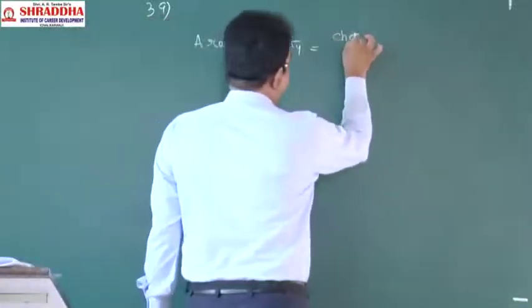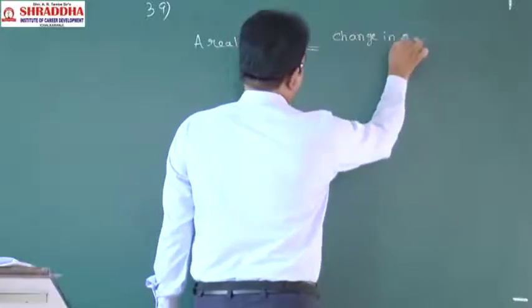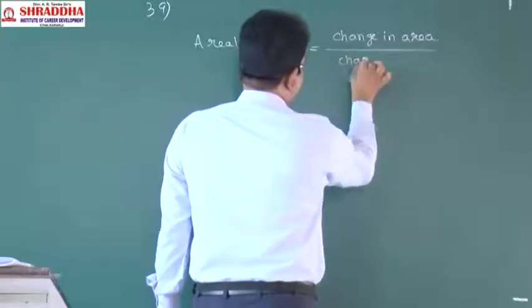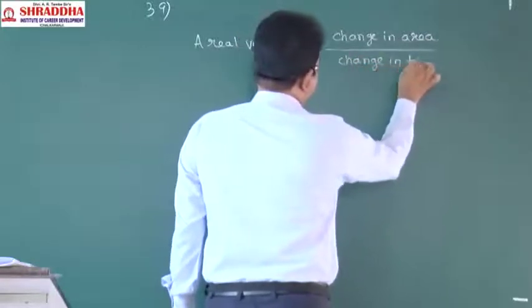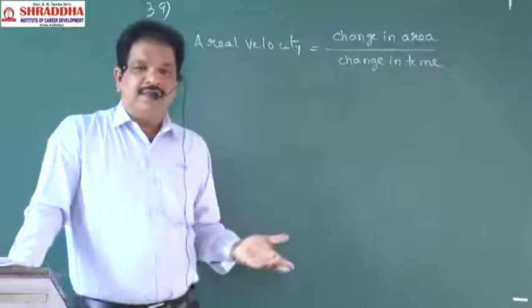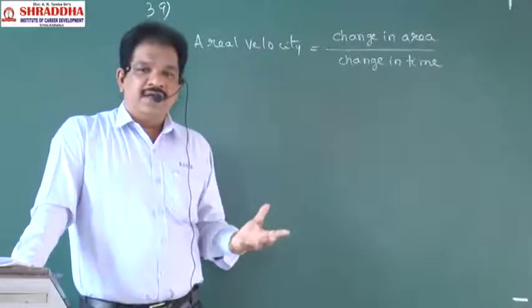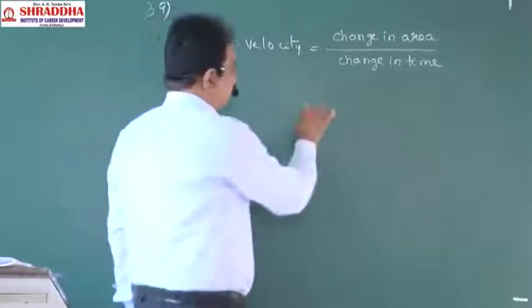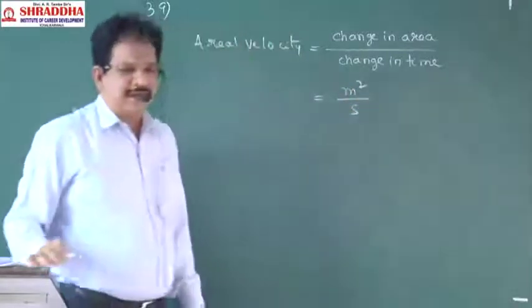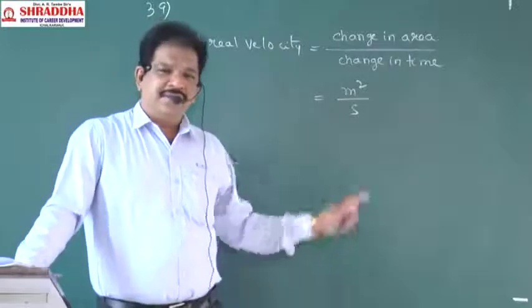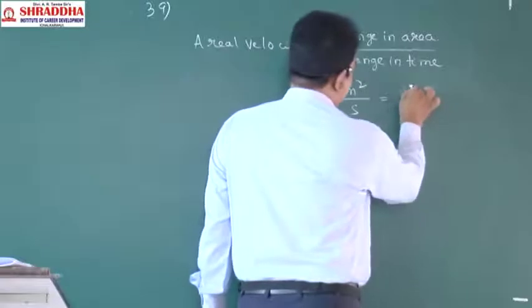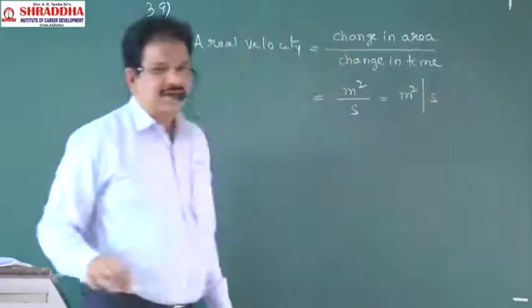Areal velocity means change in area by change in time. Area and change in area both are expressed in meter square. Time and change in time both are measured in seconds. So it is meter square per second.